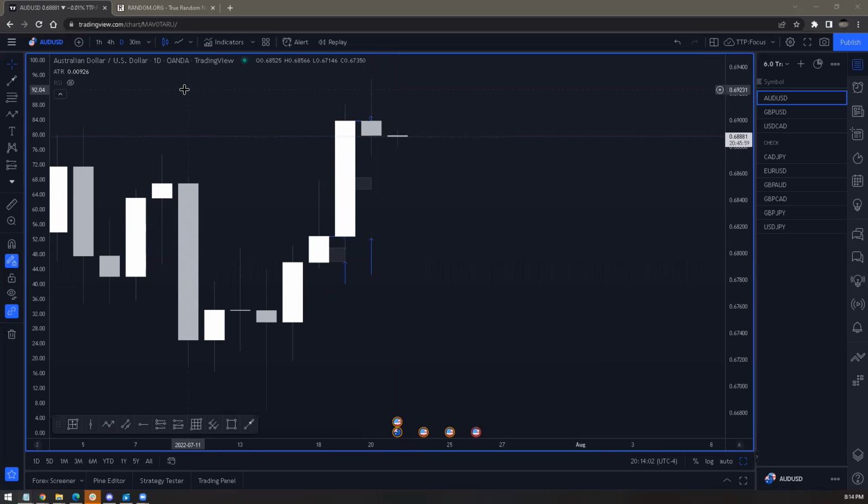So I'll just quickly go through because now I think from previous videos, we have a little bit of understanding of what I'm looking for. I'm looking for roughly a 50% retracement of the previous candle, expecting the next candle to go in the same direction. I'm looking for double bottoms, head and shoulders, wick rejections, things of that nature to get into a trade roughly around that 50% mark, and then execute from there.